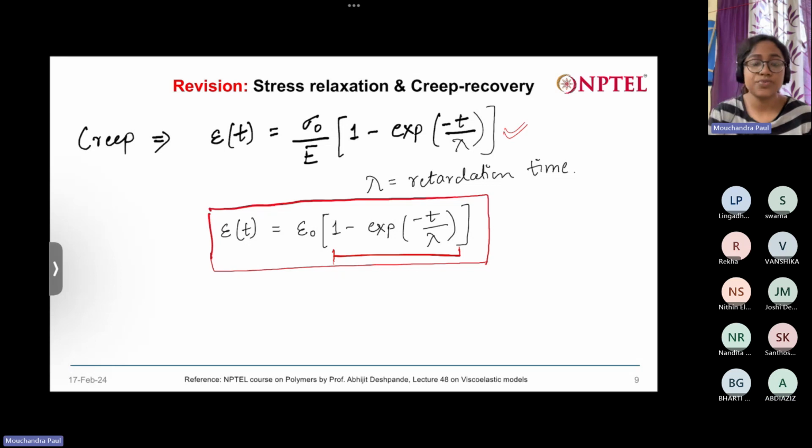Okay. So, as I was saying, these two are the main equations that you used for solving problems on creep and stress relaxation. Don't go into too much detail on how the expressions are obtained. But if you are interested, I suggest you go to lecture 48 by Professor Deshpande.